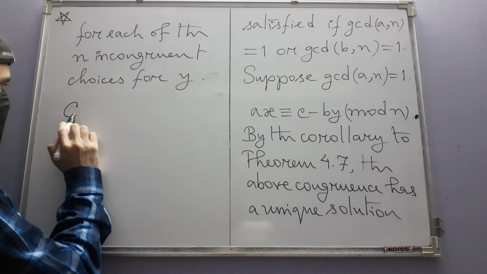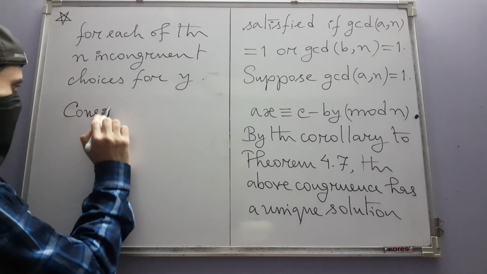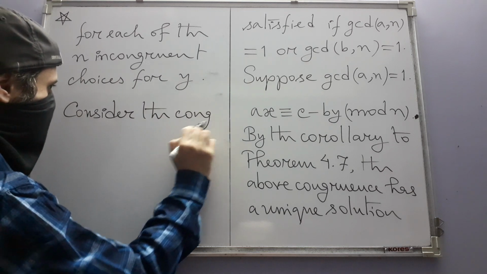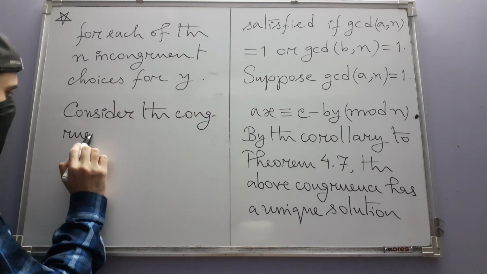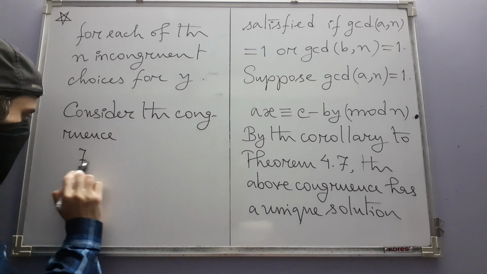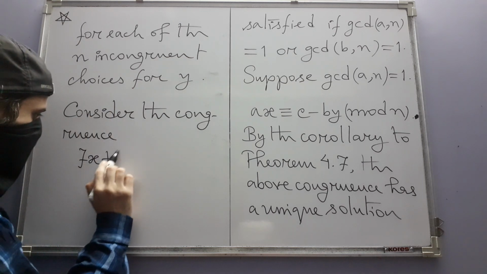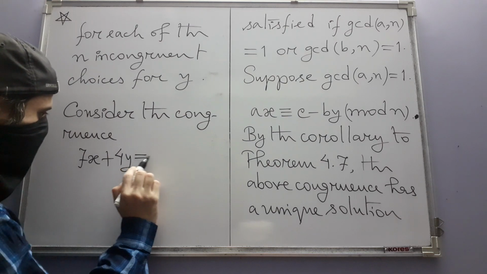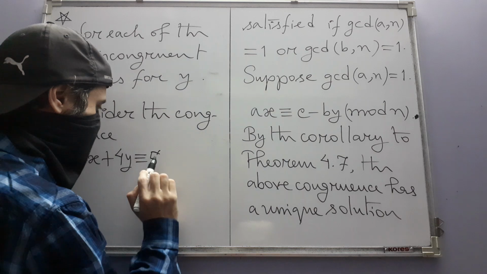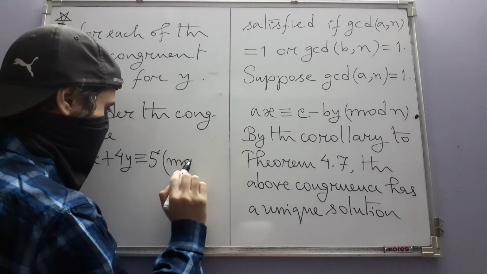Consider the congruence 7x plus 4y congruent to 5 modulo 12.